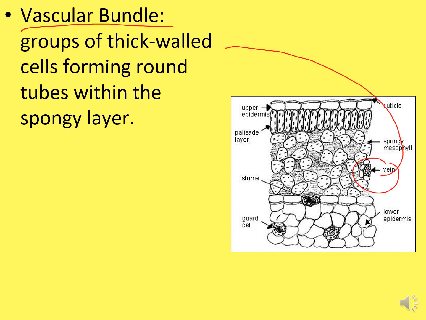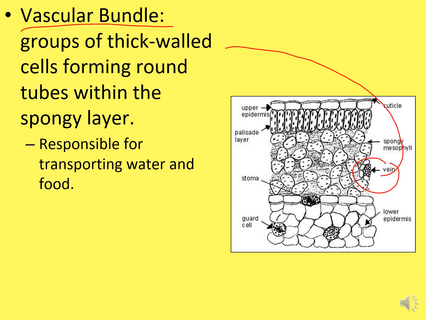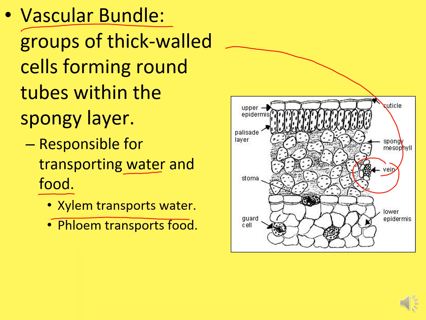Okay, and it's just thick wall, and it's inside the spongy layer. This again is responsible for transporting food and water. And we want to have that because inside of your sponge, if it can absorb it, the plant can still eat. So xylem is water. Phloem has the F sound, is food.